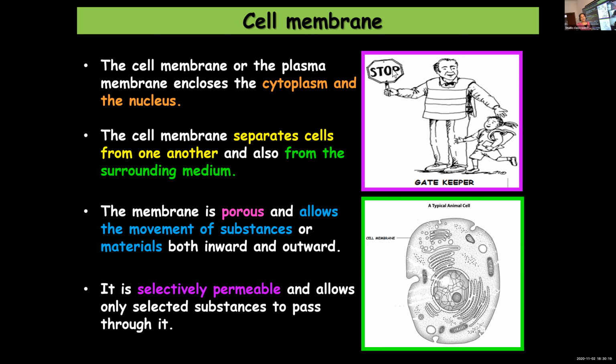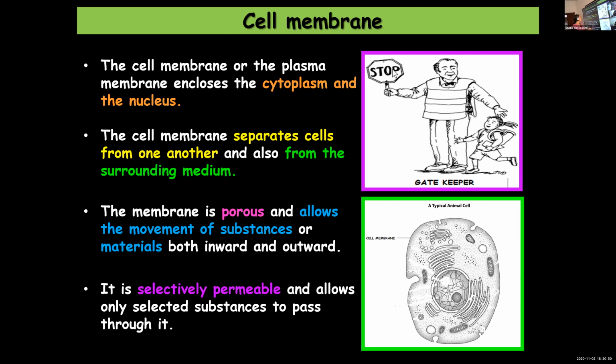And you can say that cell membrane is selectively permeable. Selectively permeable means it will not allow all substances to pass through it. It will select which materials go in and which materials do not go in and out. Only if the plasma membrane allows, materials can enter and leave the cell. So the plasma membrane or cell membrane is selectively permeable.